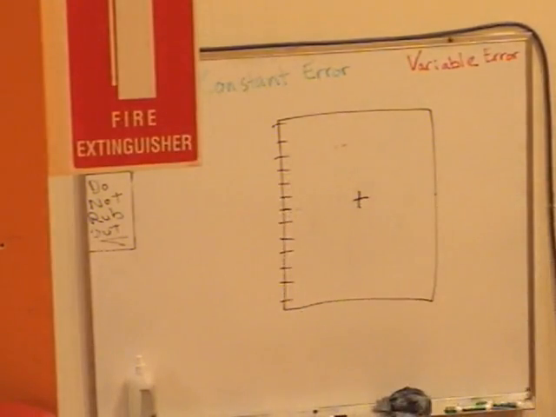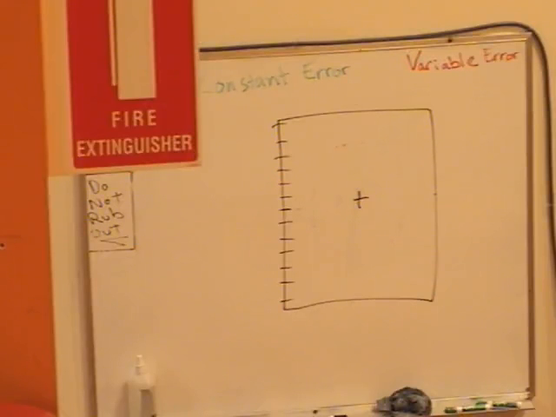Now, I was going to have multiple people come up and try to do this, but if you see towards the bottom of page 2 on your lab, it gives a typical guideline of what it would look like if you have a small constant error and a small variable error, clustered tightly and close to the target.